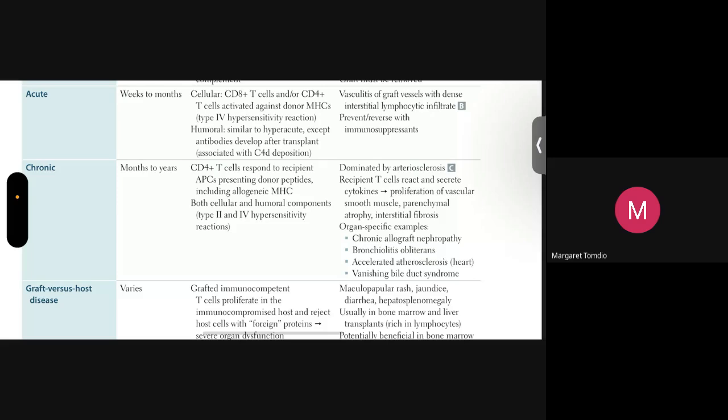And it was causing that sclerosis. So if we have direct damage by T cells or antibodies, in order to compensate for that damage, the smooth muscle of your arterioles is going to proliferate and lead to arteriolosclerosis. Is it clear?